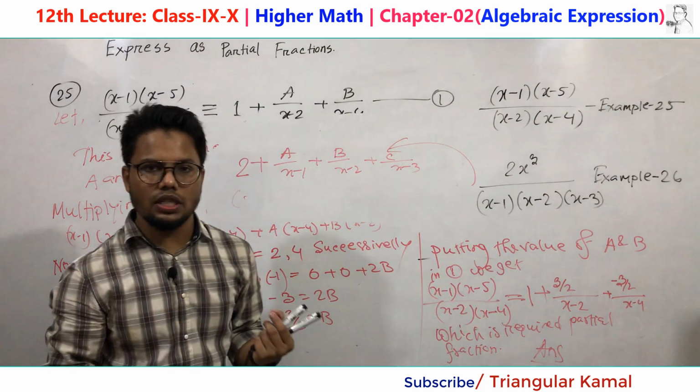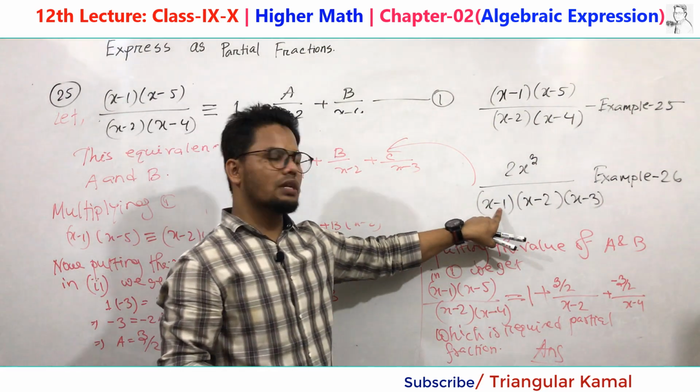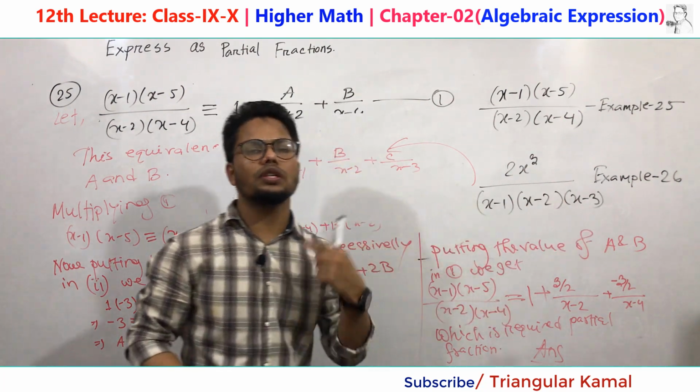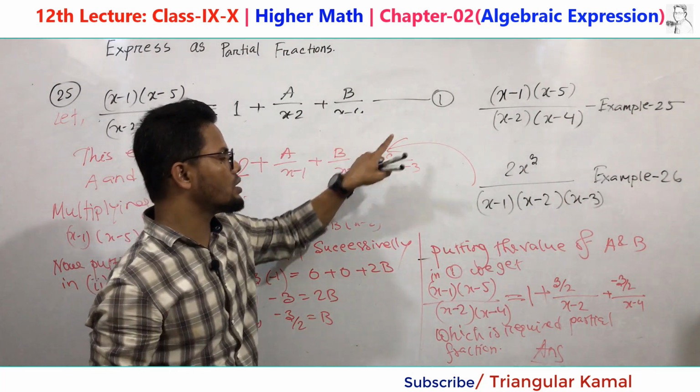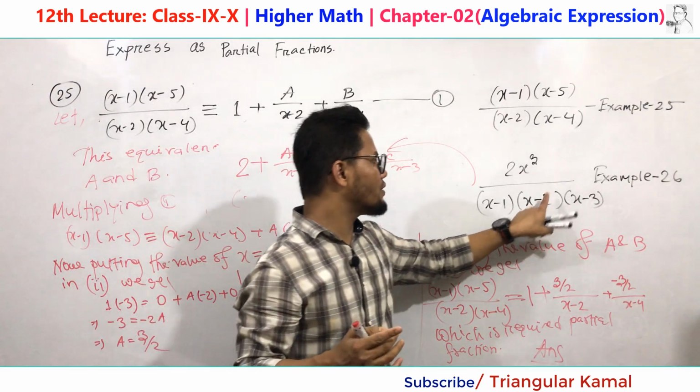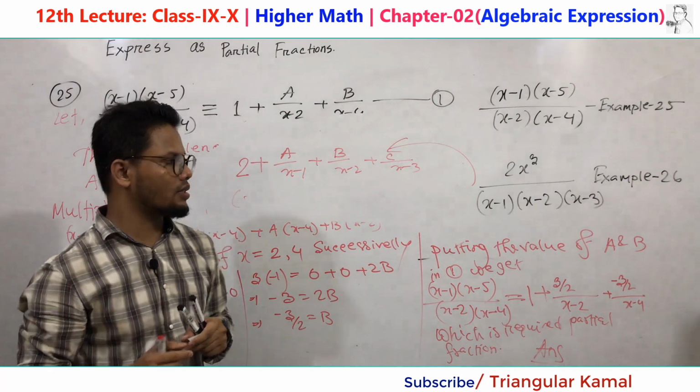Then this one will be equation number 2. Then apply first x equal to 1, x equal to 2, x equal to 3 successively, and we will get the results of A, B and C. Then finally apply here, which will be your required partial fractions of number 26.